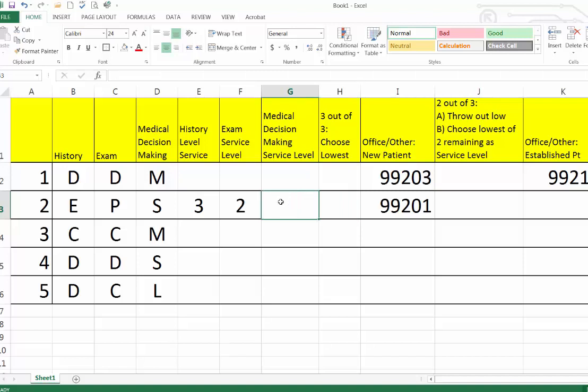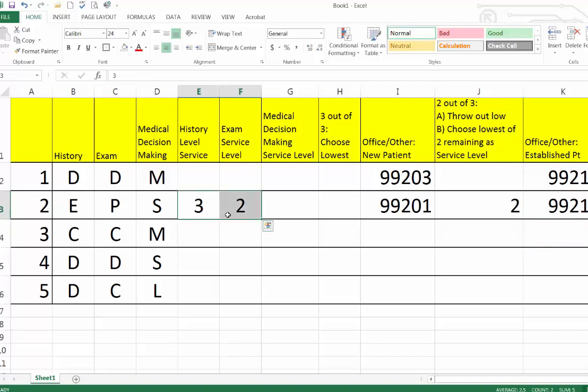So I'm throwing out just one of those two. I've got 3, 2, 2. I'm throwing out one of those two. And so now I'm looking at 3 and 2. And after I throw out my lowest, I must go with my next lowest, which in this case is 2. So I will bill a service level 2, which is a 99212.